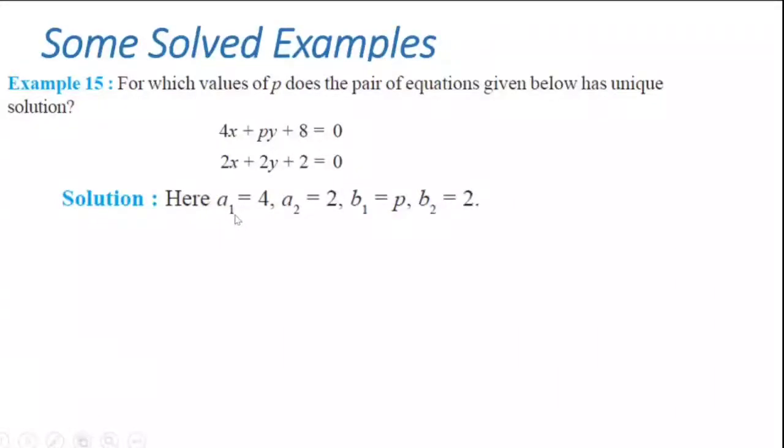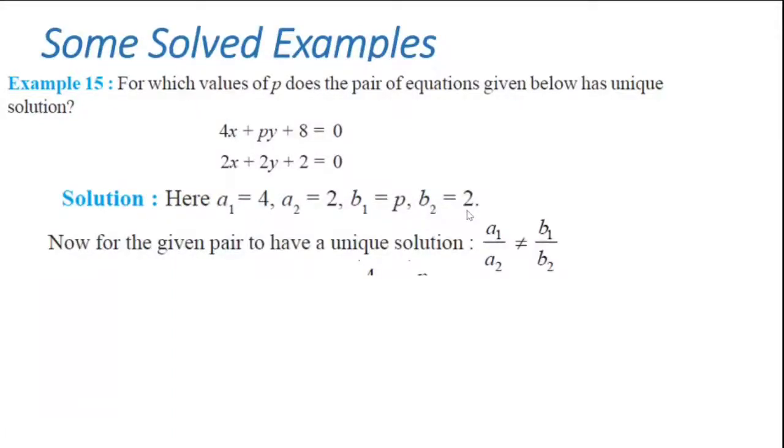Let me find out a1 upon a2. a1 upon a2 will come out to be 4 upon 2, and b1 upon b2 will come out to be p upon 2. Now, for the condition of unique solution, we should have a1 upon a2 not equal to b1 upon b2. So we get 4 upon 2 should not be equal to p upon 2, which gives me p is not equal to 4.